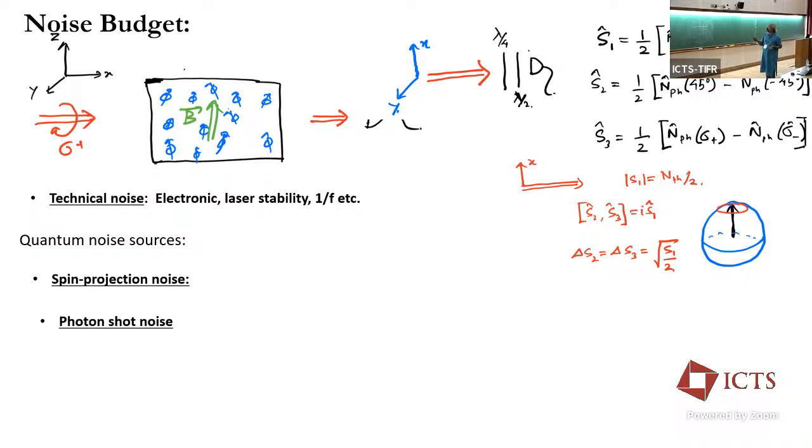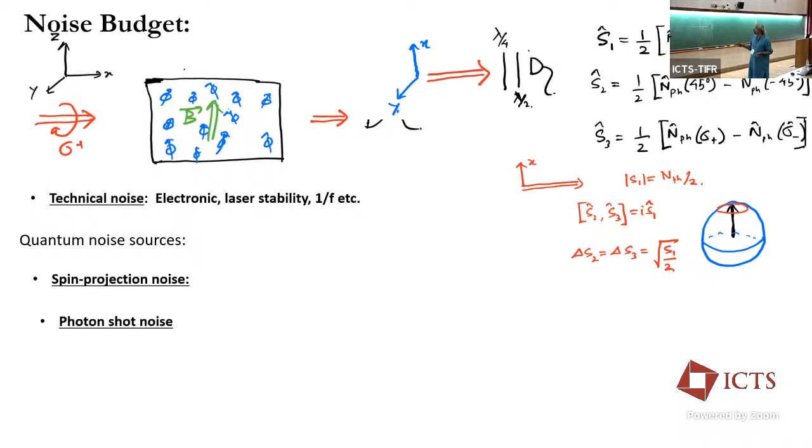For example, this quantity is the number of photons when you set polarizers in the X direction and then the Y direction and take the difference. Similarly, this is when you set polarizers at 45 degrees, with a quarter wave plate, then a half wave plate, and then polarizers. These are like Stokes vectors, but interestingly, they also have a similar algebra, and the whole physics of this uncertainty comes in.